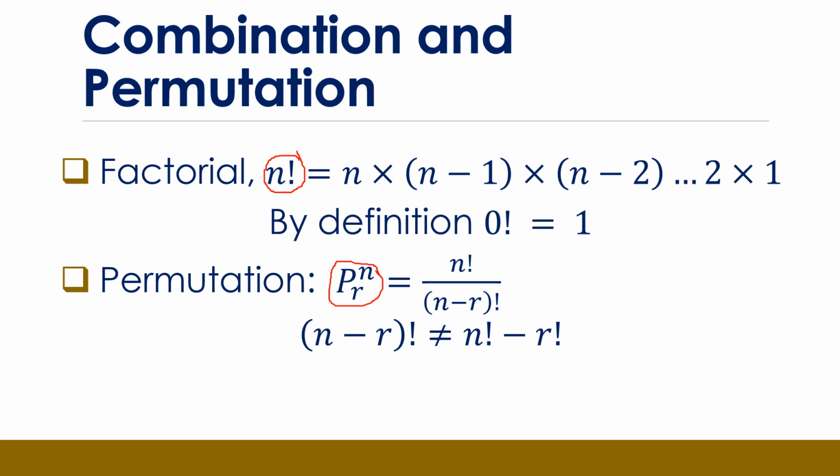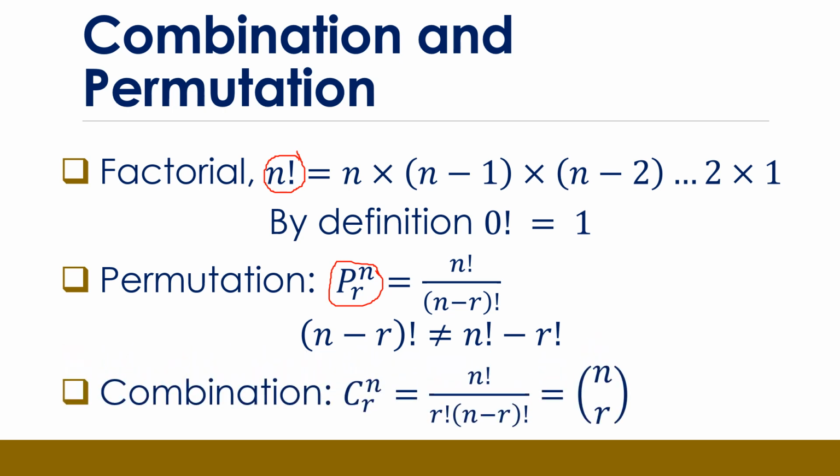Where order of arrangement is not important, then we use combination. The number of ways of selecting r objects from a set of n objects where order is not taken into account is given by n combination r.